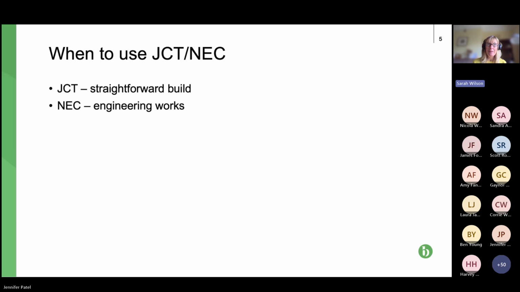So commonly we see student accommodation, nursing homes, offices, that kind of build would typically be done under a JCT. Anything else, particularly anything engineering focused or groundworks, we would expect that to be under an NEC form of contract. So if we can move on to the next slide, please, Jen.